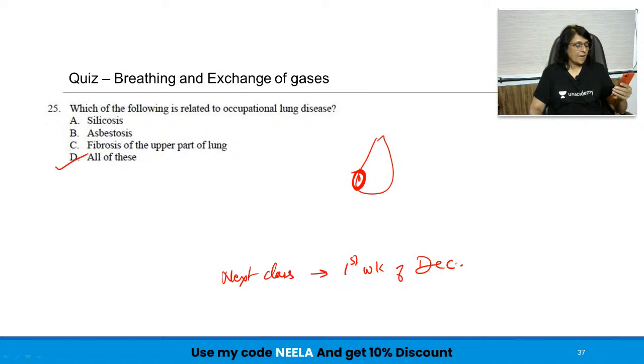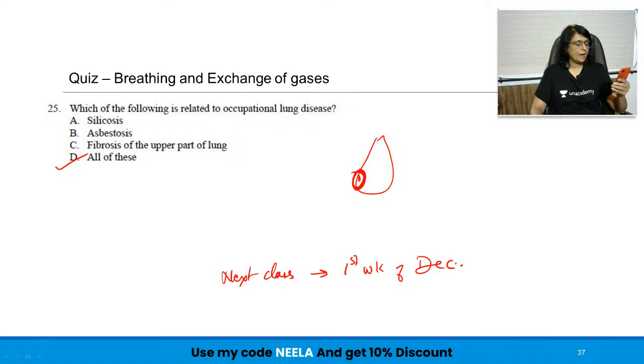And Anju is asking about the next chapter. I have not decided yet, but maybe morphology or maybe one chapter from human physiology. Okay?